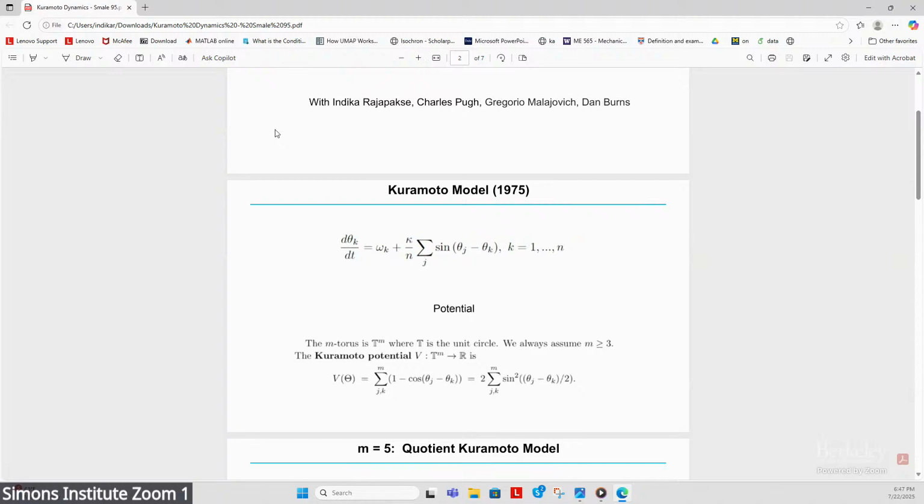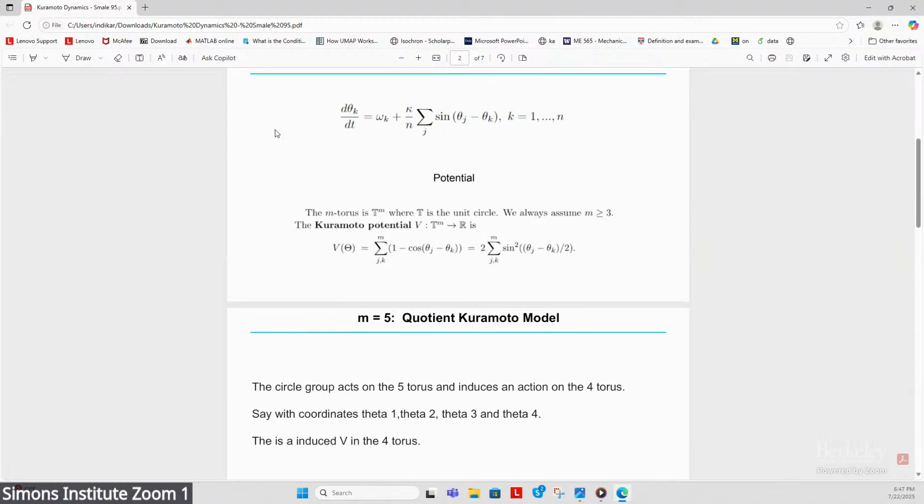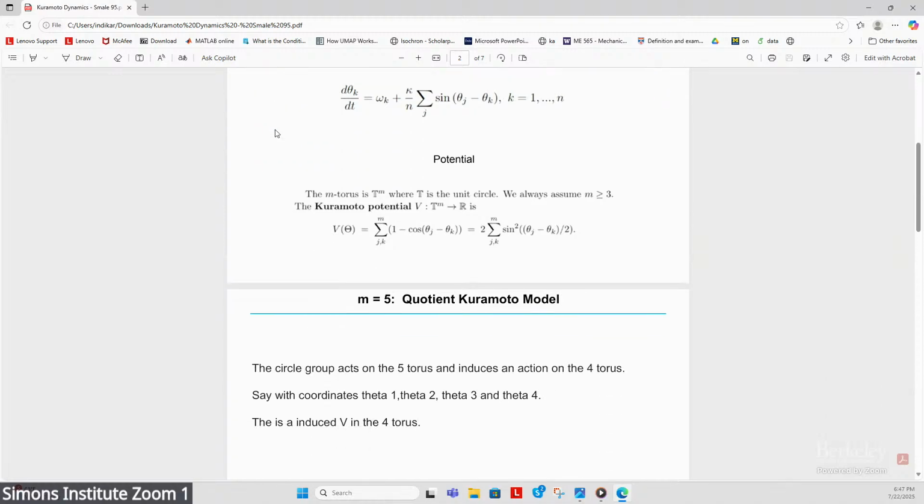So it looks the same, but it's now on the quotient. On the quotient, we get a torus of one dimension less, taking into account circle invariance.